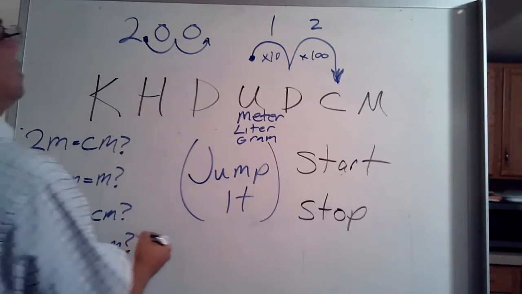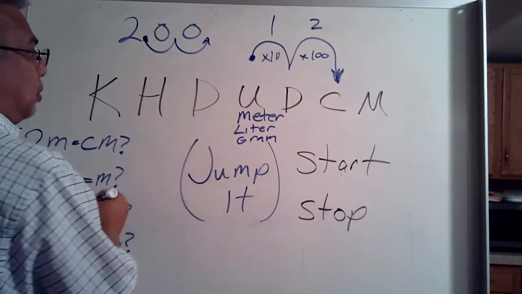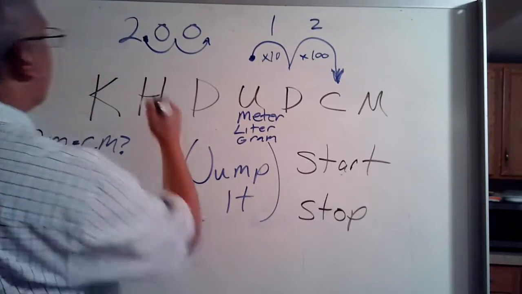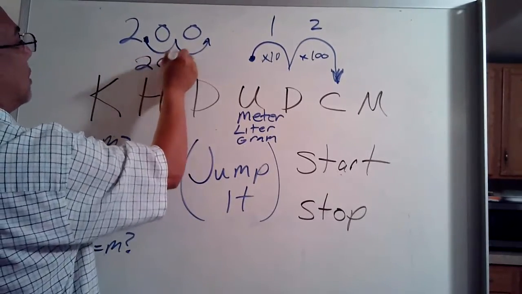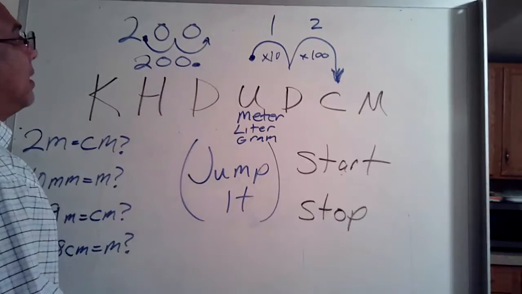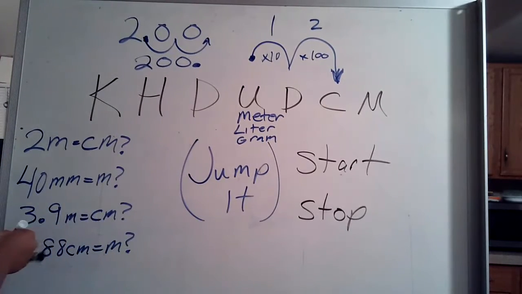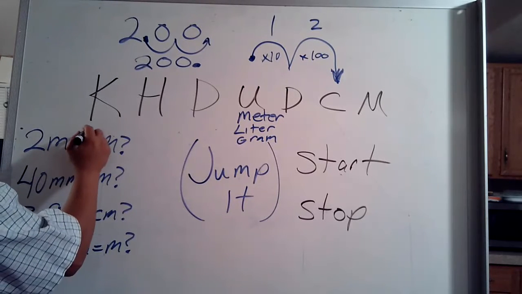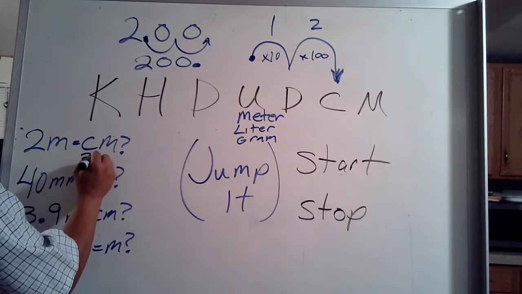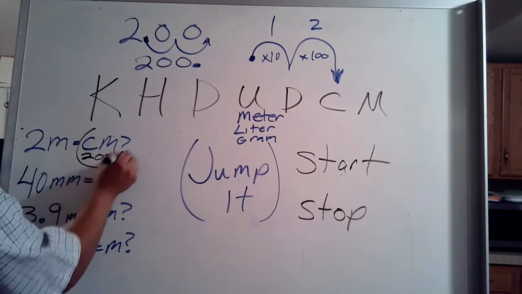So my new number is 200. Put the decimal there, and my answer is 200. Alright, awesome. So I'm going to put 200 cm. I'm going to circle it.